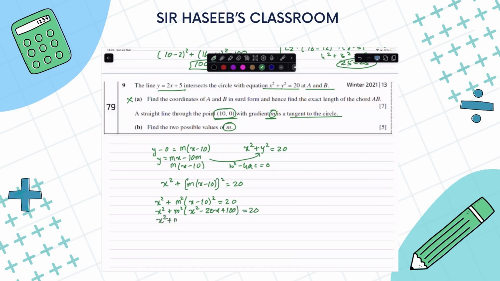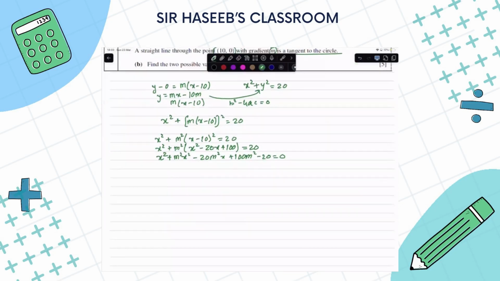So x square plus m square x square minus 20 m square x plus 100 m square minus 20 equals 0. Get it?